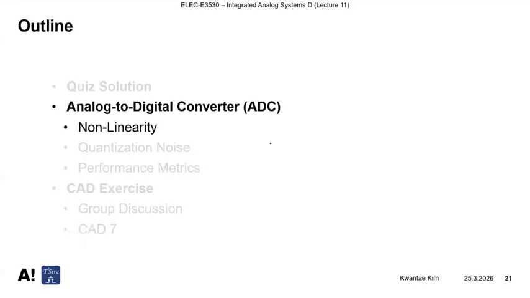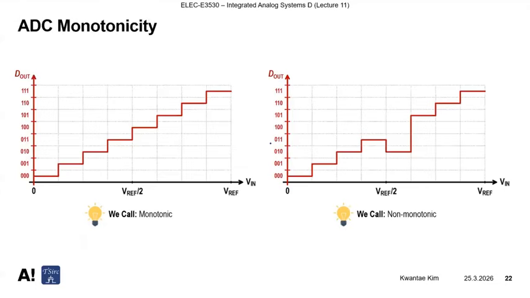Okay, so let's go on to the nonlinearity part of ADC. I couldn't manage to talk about all of these in the previous lecture. On the left side, we are looking at the case of a monotonic ADC, and on the right side, a non-monotonic ADC.